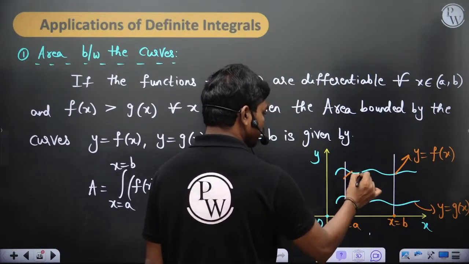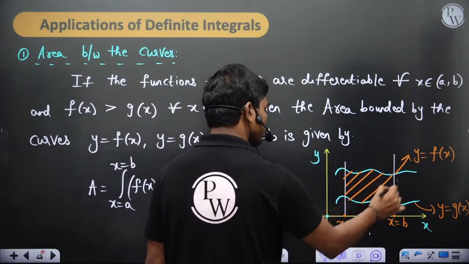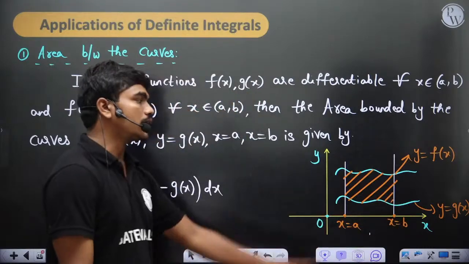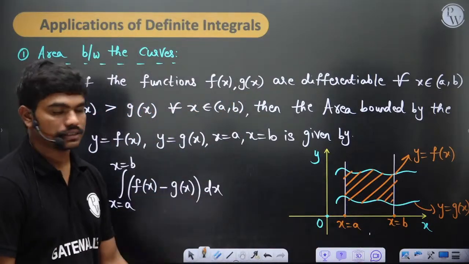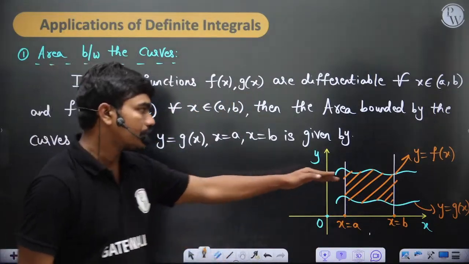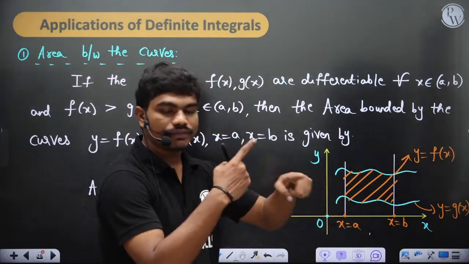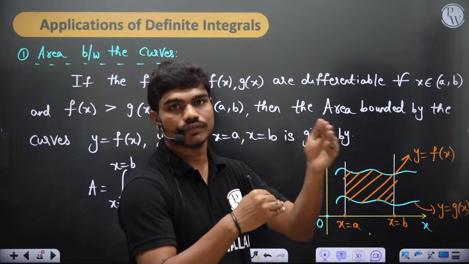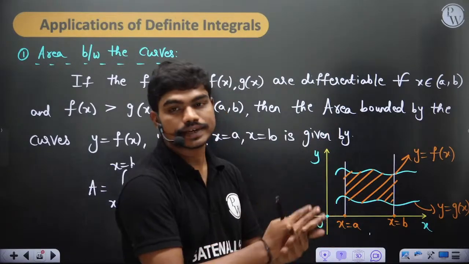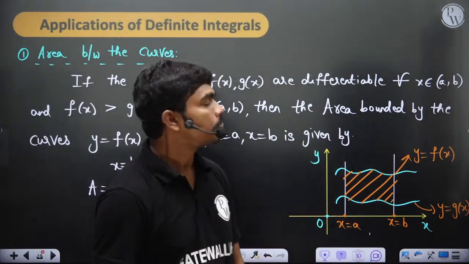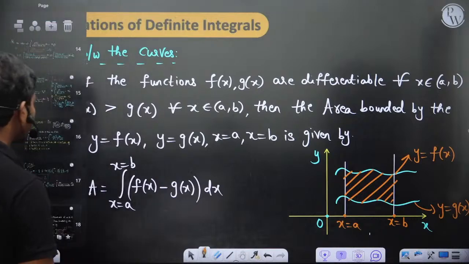So if you shade it, this is the area, and that area is given by this integration in general. But for that to happen, f of x should always be greater than g of x. Otherwise, if at some point they cross, and g of x comes on top, then you have to split the integration at that point, obviously. Let's solve one example maybe.